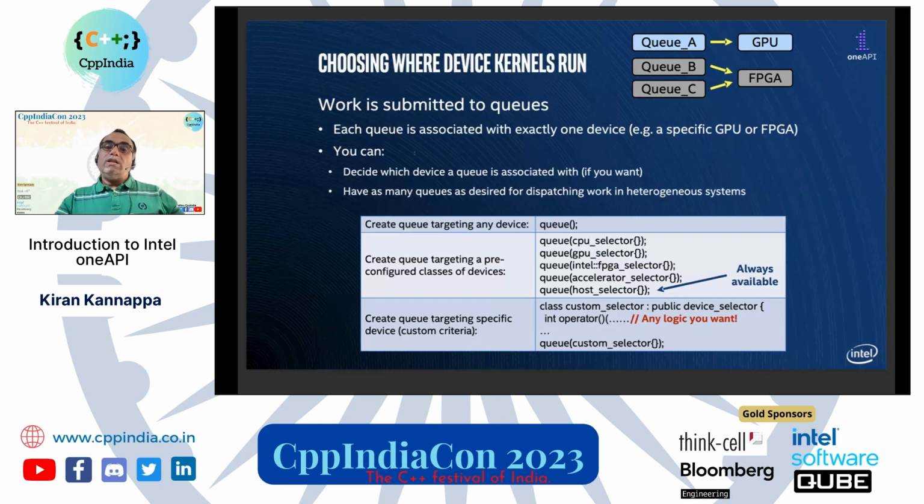Within the queue construct, you have various ways of selecting whichever hardware you're looking for. If you're just looking for a GPU, you can do a GPU selector. On the other hand, if you're looking for a GPU with a specific part number, that can also be mentioned. And this way, if it is available, it will go on and execute with respect to that queue.